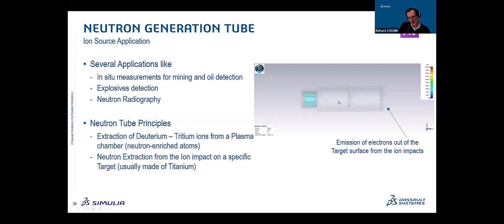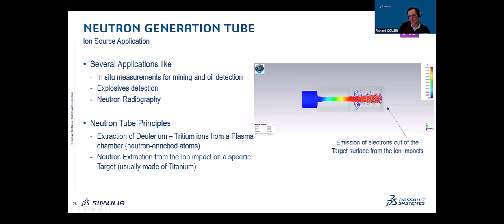Then they are propagating and accelerated towards the tube, and then hit the target, where you can also take into account the emission of secondary electrons from the ion impact over the target. So you have a full energy distribution that you can analyze.